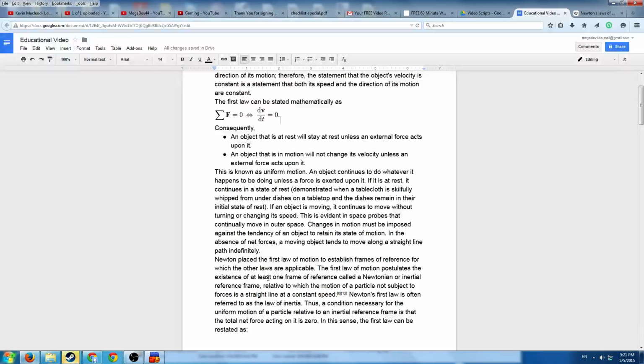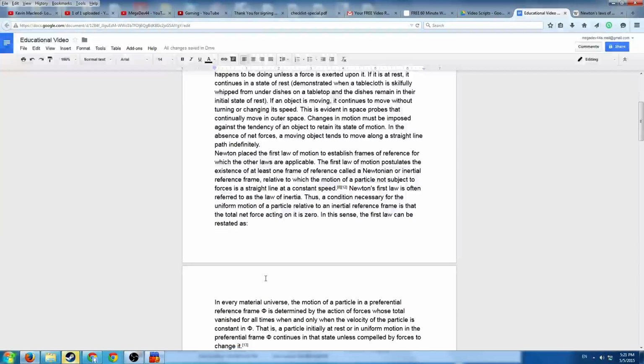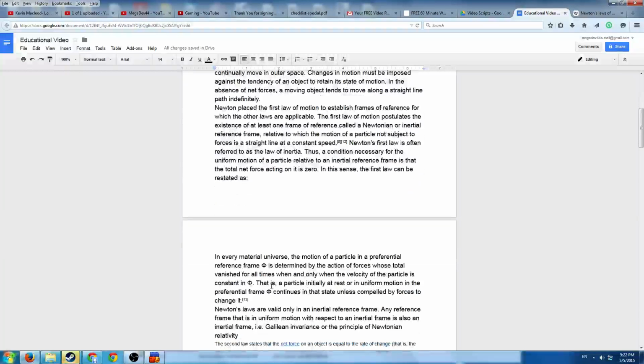In this sense, the first law can be stated as: the motion of a particle in an inertial reference frame is determined by the action of forces whose total vanishes for all times, when and only when the velocity of the particle is constant. That is, a particle initially at rest or in uniform motion in the inertial frame continues in that state unless compelled by forces to change it.